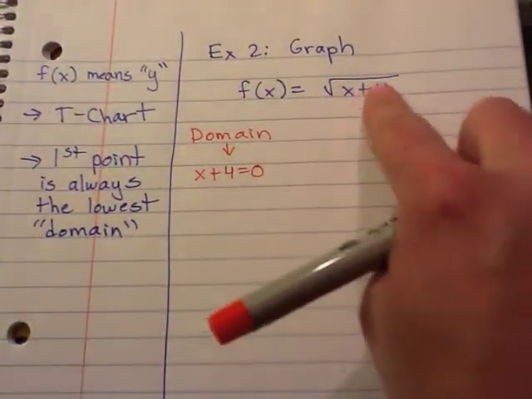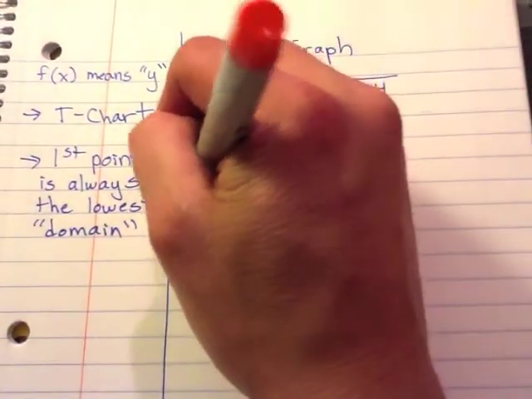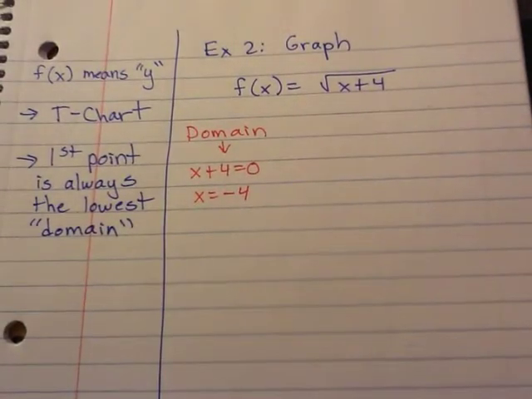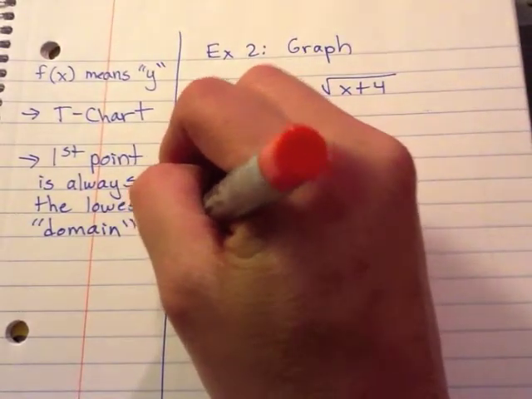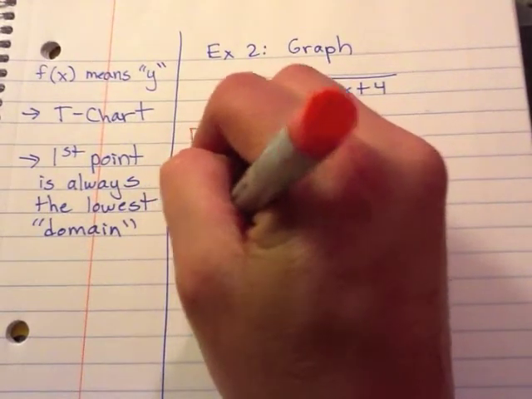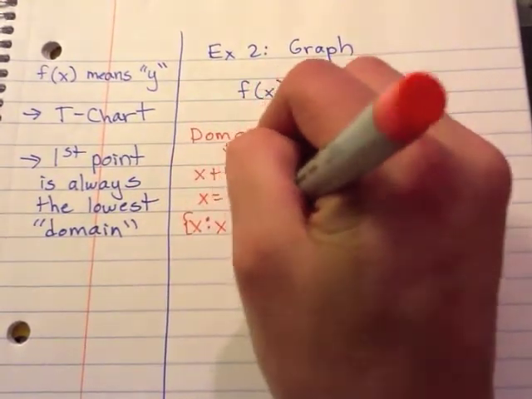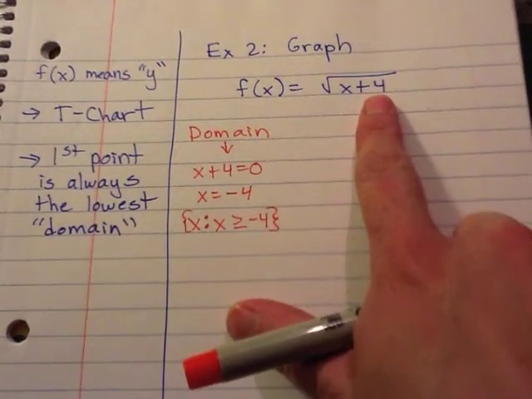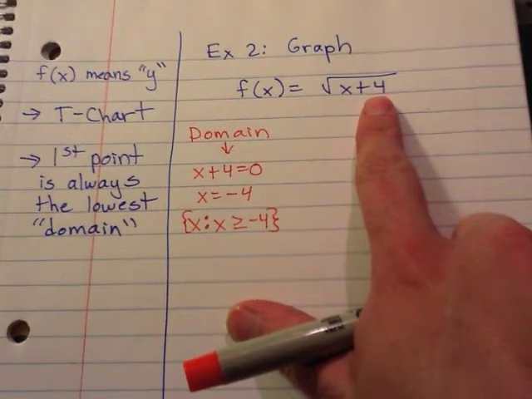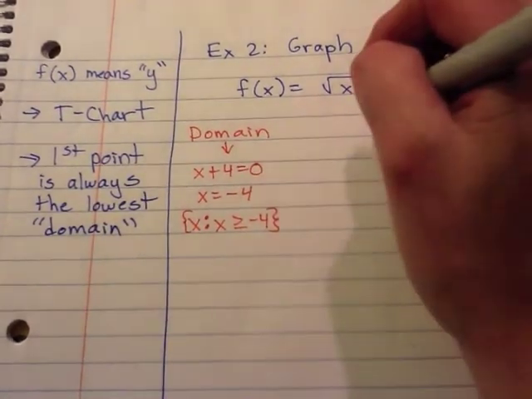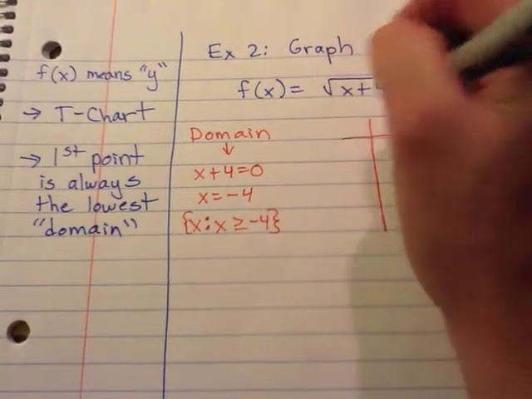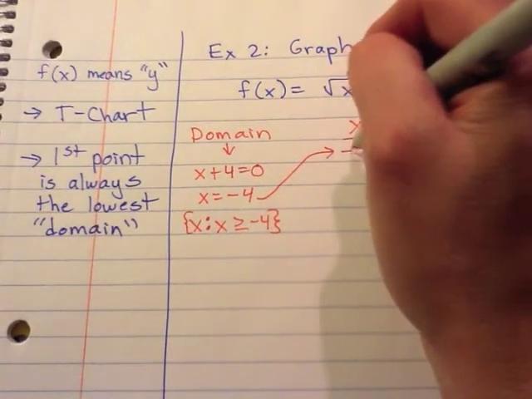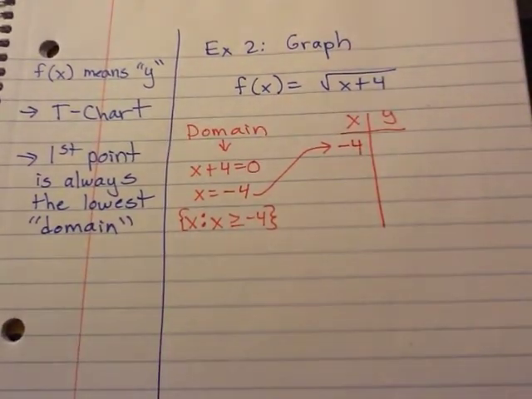Because that's the lowest that square root can go. And I notice it's negative 4. Does everyone see that? So I know my domain is the x such that all my x's have to be greater than or equal to negative 4. If any x's went below negative 4, I'd have a negative under here. It wouldn't be true. So that becomes the first point, the first x value for my t-chart. So I plug in negative 4 first.